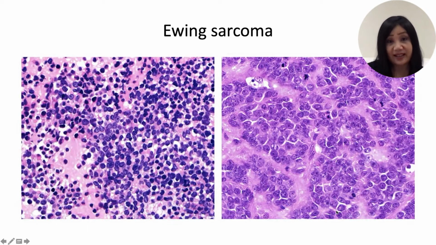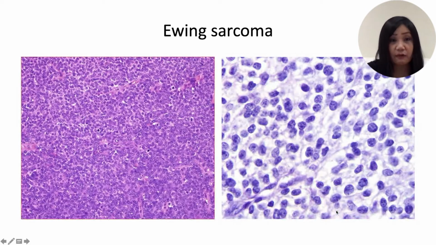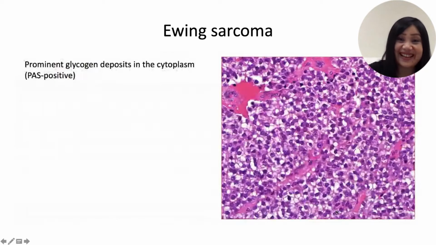Here are various architectural patterns of Ewing sarcoma, but we can discern that in every case they are very monotonous and the cells look the same with no atypia. On the right, we can see that these are nested distributions rather than sheet-like, but the cells remain uniform and extremely monotonous with no stromal changes, no discernible atypia, completely evenly spaced. So that is typical Ewing sarcoma.